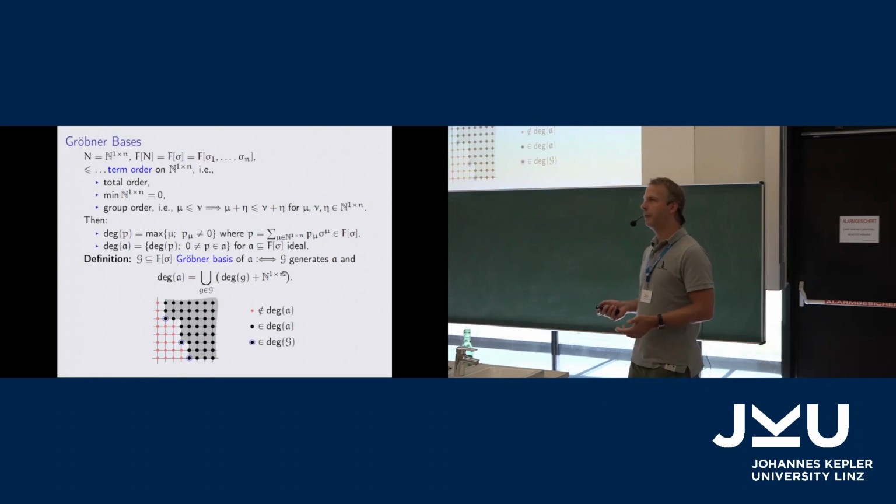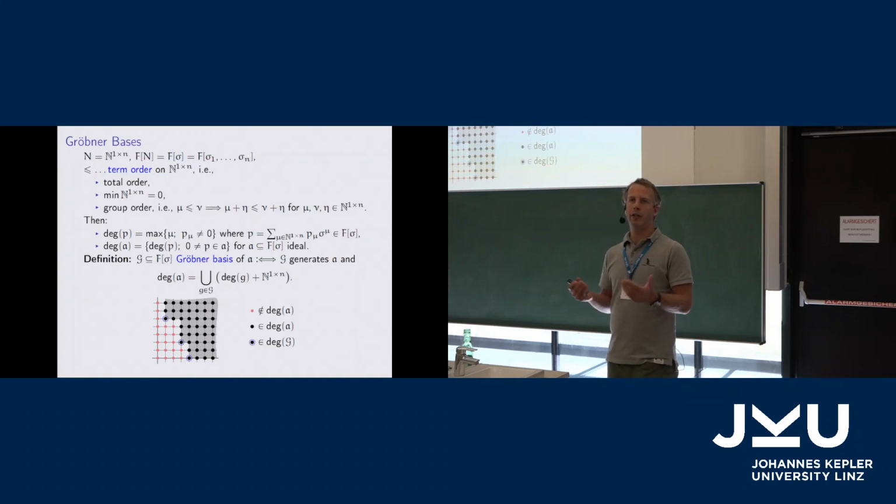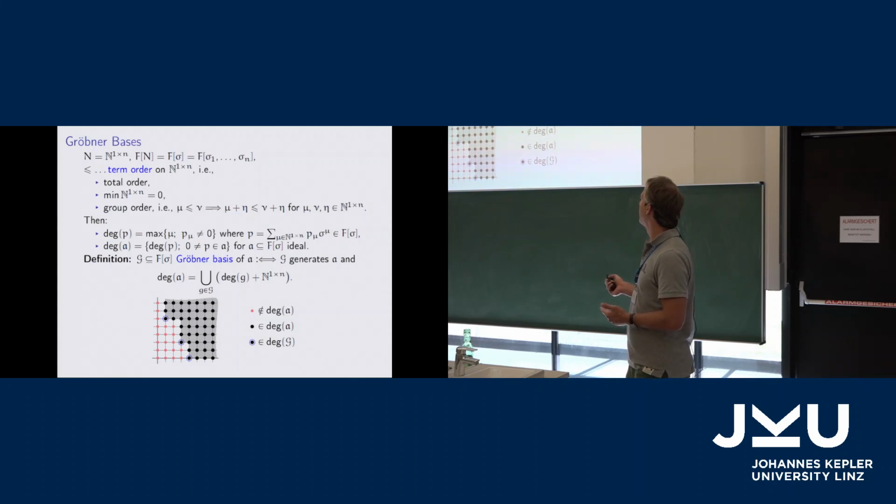A Gröbner basis is a generating system of the ideal, such that the degree set of the ideal can be written in this simple way. So the degree set can be read off the Gröbner basis. For each element in the Gröbner basis, we have to take its degree and add the positive quadrant to it, and then we take the union, and that's the degree set of the ideal.